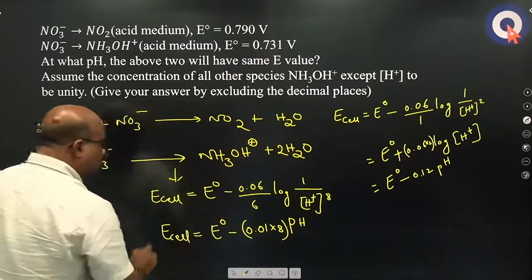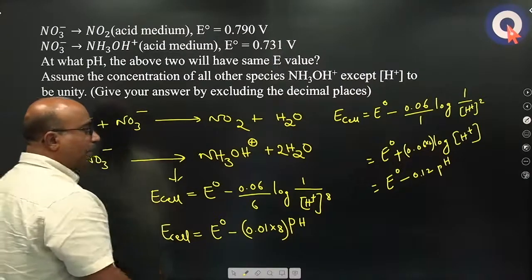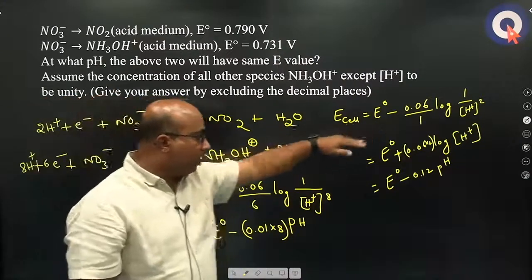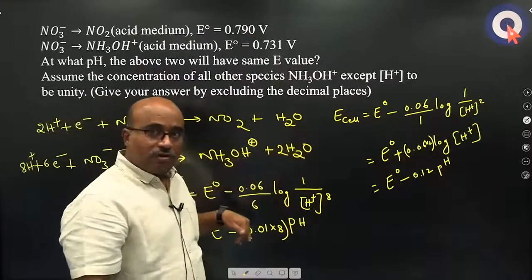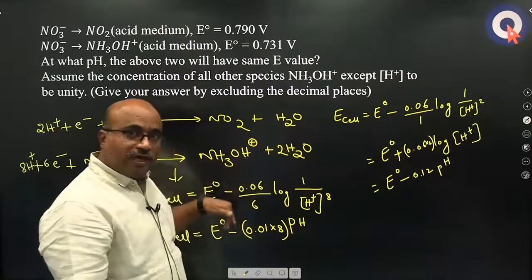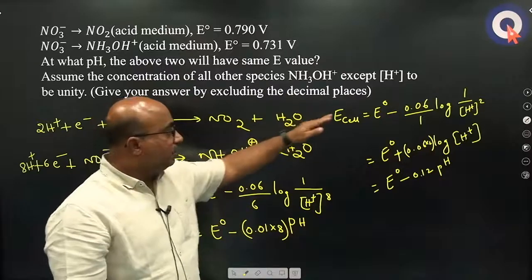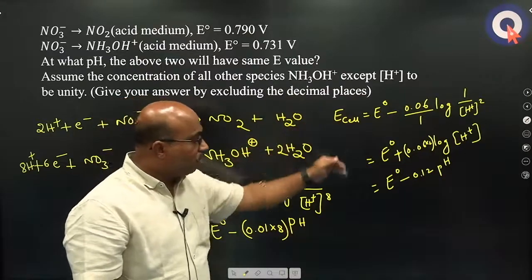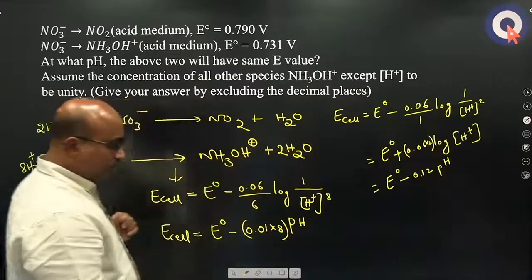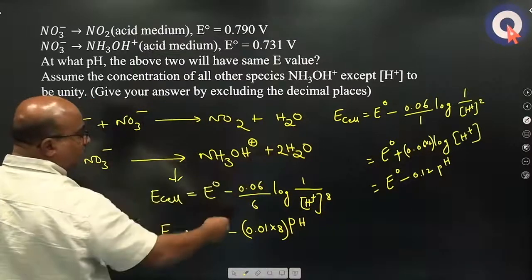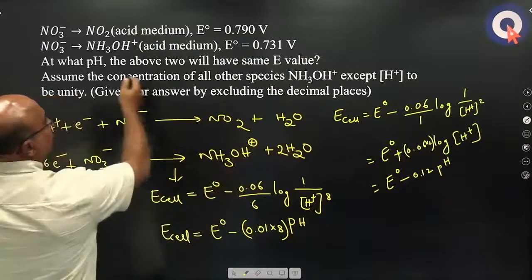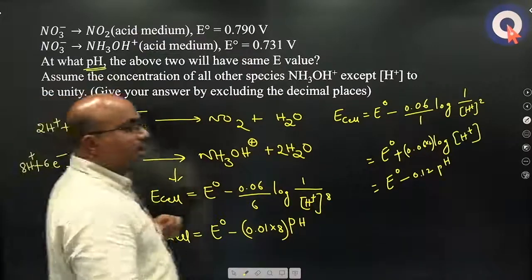But what he said, suppose these are cell potential values, these 2 values should be equal. So this is E cell for this, it is E cell for this, both should be equal to 1 and 1. So what do you write? E naught values, that RHS you should equate to get the pH at which they become equal.